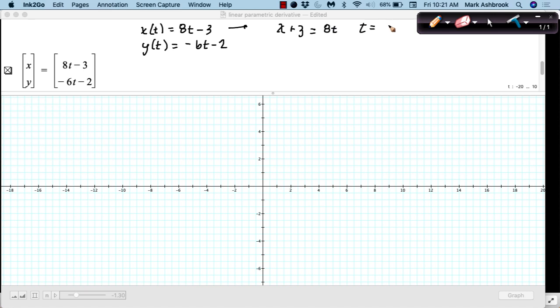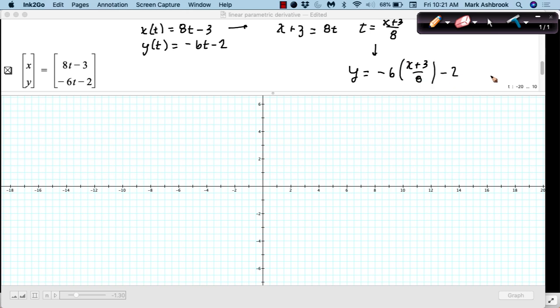X plus 3 over 8, is that right? And if t equals x plus 3 over 8, then what does y equal? Negative 6 times x plus 3 over 8, minus 2.